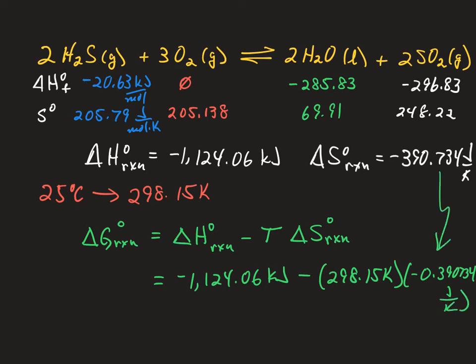This number converted to kilojoules per Kelvin. And if we do that math, we get negative 1,124.06 kilojoules plus, minus times minus would give us plus, 116.50 kilojoules, because kelvins and kelvins cancel, which gives us an answer of.